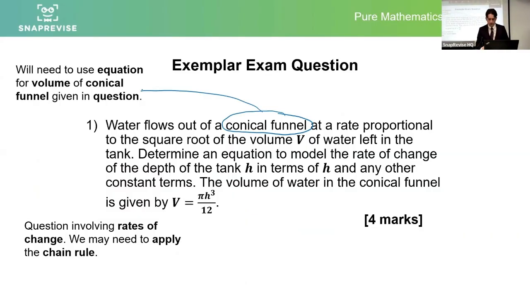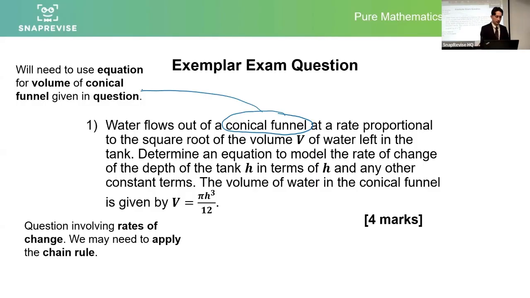And it says the water flows out of a conical funnel at a rate proportional to the square root of the volume V. Determine an equation to model the rate of change of the depth of the tank H in terms of H and any other constant terms. The volume of the water in the conical funnel is given by V equals pi H cubed over 12.